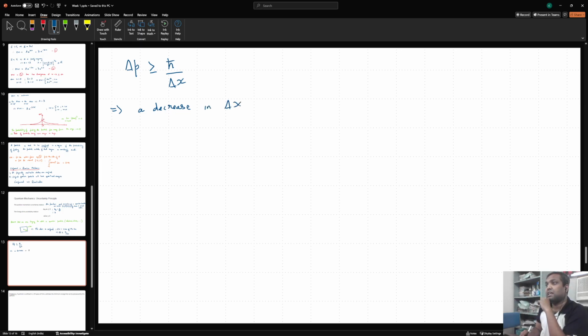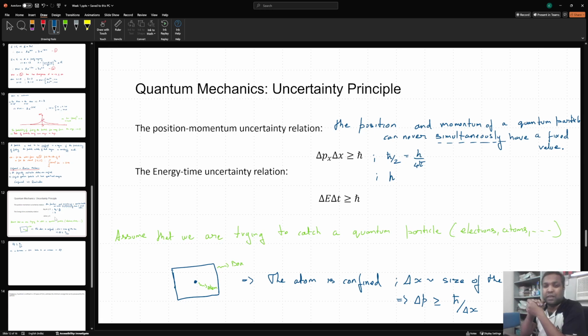That means a decrease in delta x leads to an increase in delta p. Now, let us say initially the atom had very low momentum. Let us say it was a very slow atom around which I built a box and I'm trying to close in.